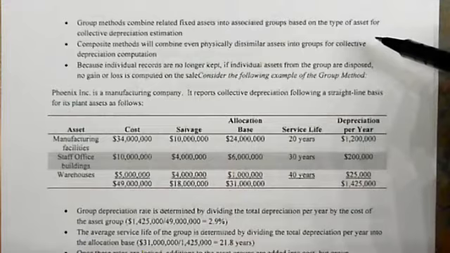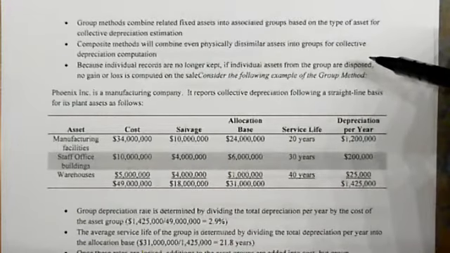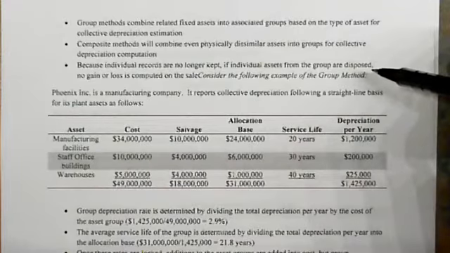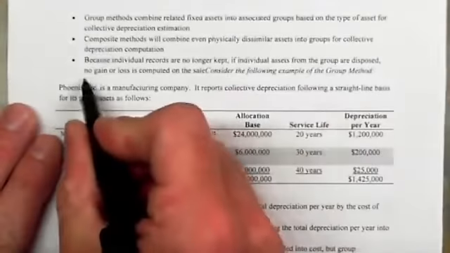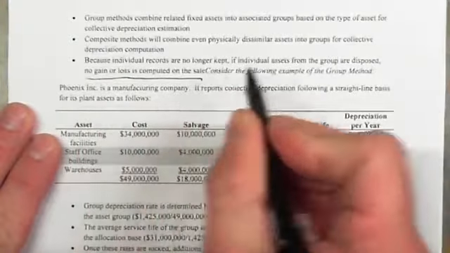Because the individual records are no longer kept, if assets from this group depreciation are disposed, we don't have an individual accumulated depreciation amount, so we don't know a book value. Therefore, when we sell it, we can't take the sell price less the book value to determine a gain or loss, so we just assume there is no gain or loss computed on the sale.